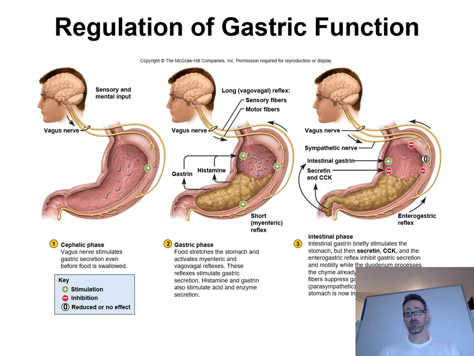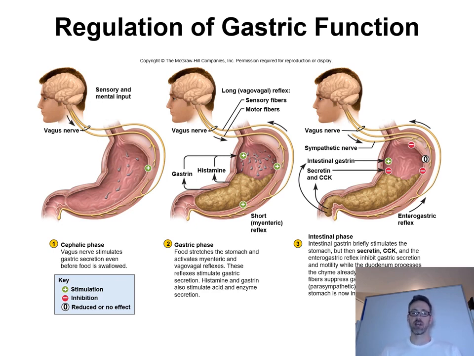The vagus nerve is involved in this, so you have a vagal reflex that stimulates the production of hydrochloric acid. G cells are stimulated to secrete gastrin. The ECL cells secrete histamine, and so about 30% or so of the secretions that take place during digestion occur right there in the cephalic phase.